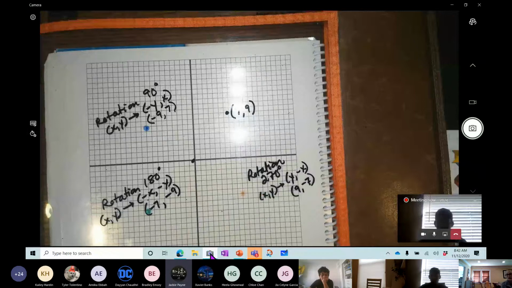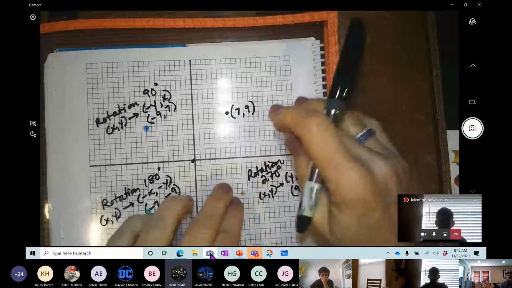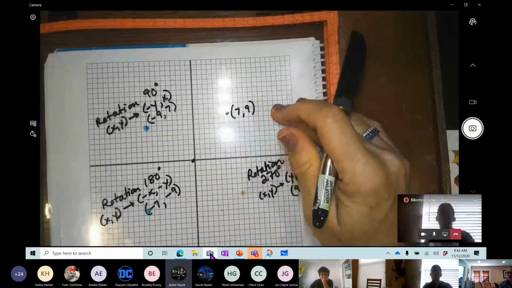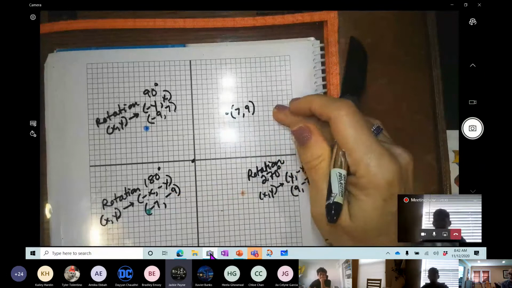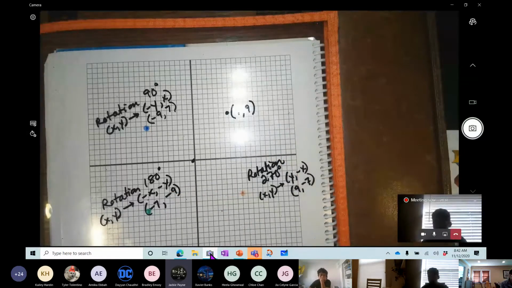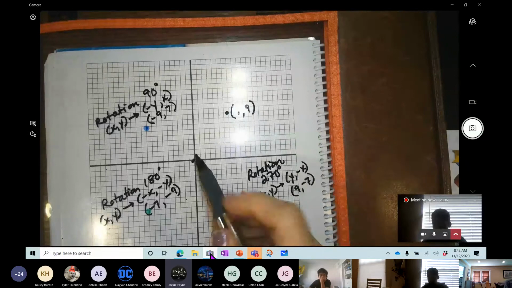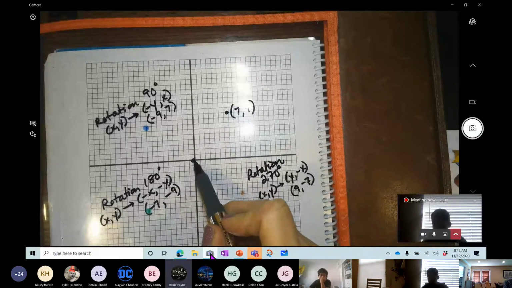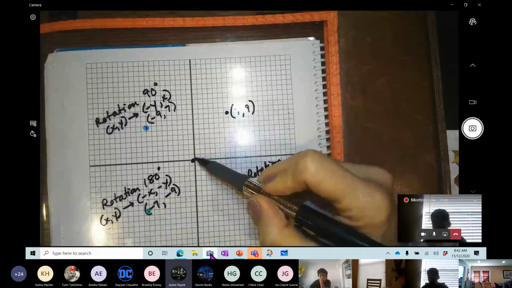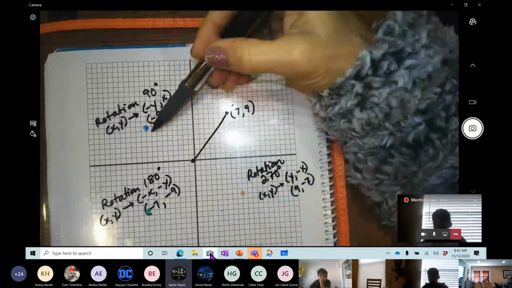And how you would measure this, if we were in the classroom, I'd be giving you paper and rulers and graph paper, and you'd be doing this. But basically, here's how it works. Since these are rotating around the origin, this is how you check your angle.